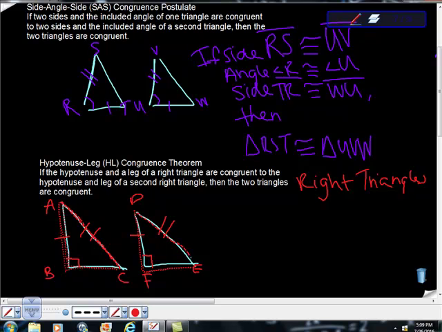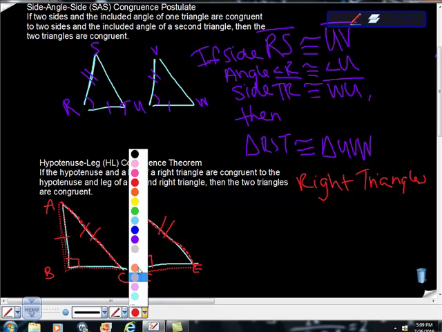Basically, your legs are the sides that make up the right angle, and I like to think of the hypotenuse as closing that. So now we know what a hypotenuse and a leg are.